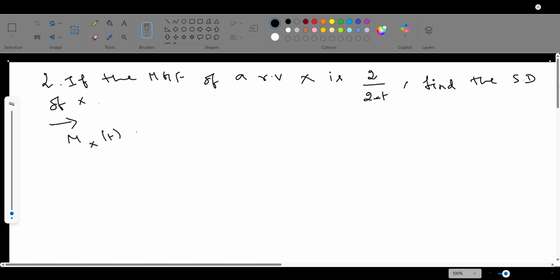Moment generating function about origin, that is 2 by 2 minus t.